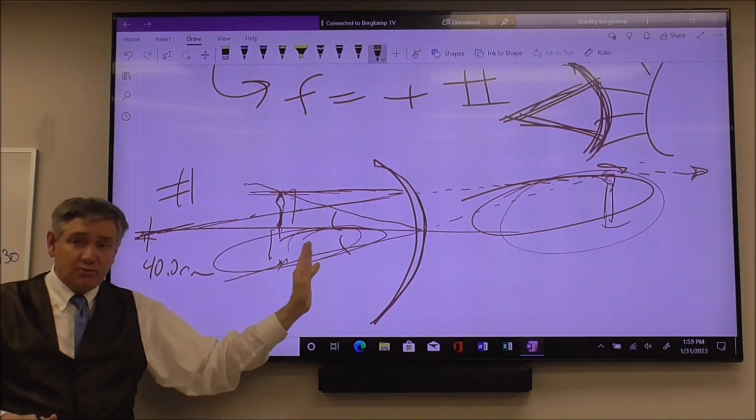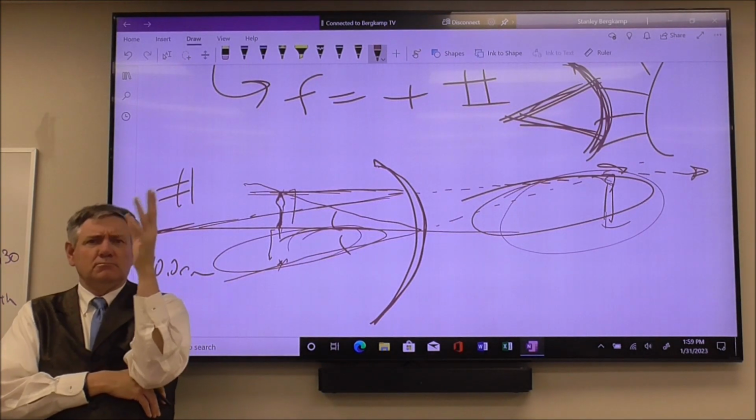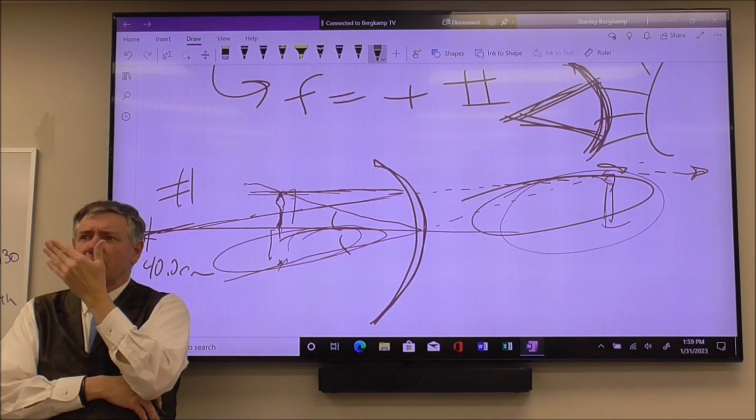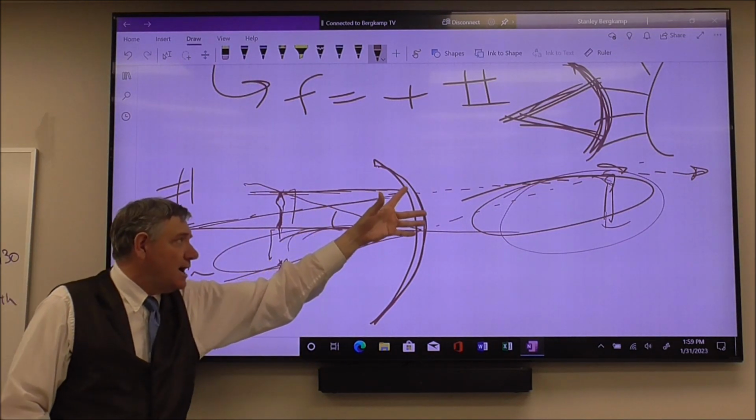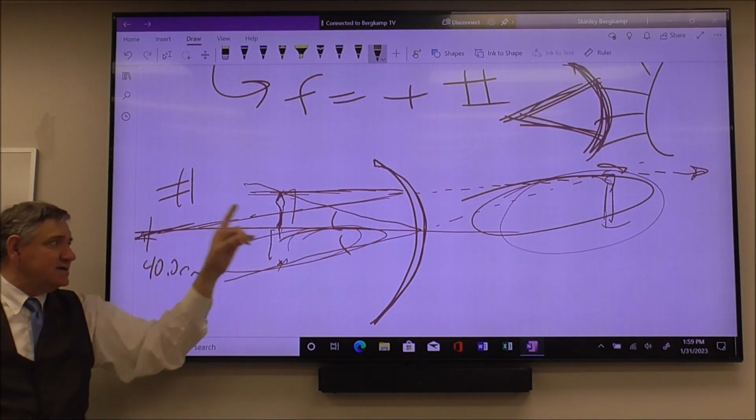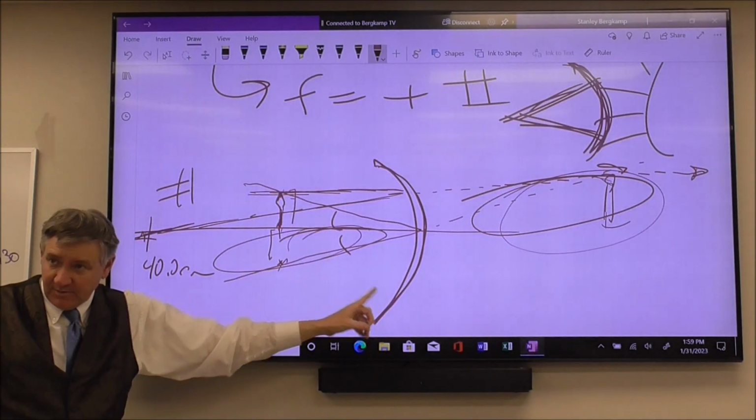Your eye is trying to work backwards and go, what am I seeing now? It's kind of cool. So your eyeball is collecting these rays after they bounce off the mirror.